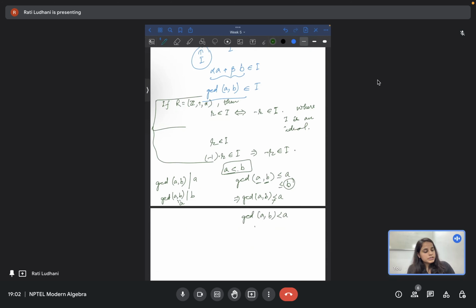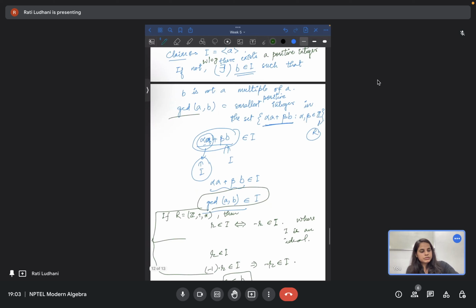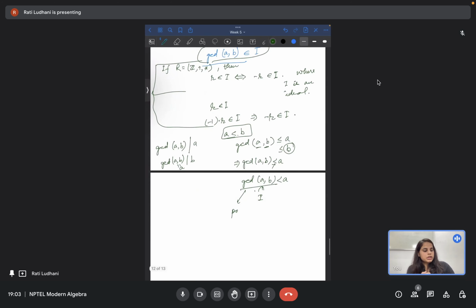Also, this belongs to I because of this property, as we said here. So GCD of A and B belongs to I, and this is a positive integer, right? Because from the definition. So you are actually done.